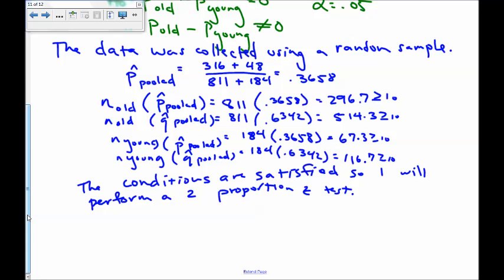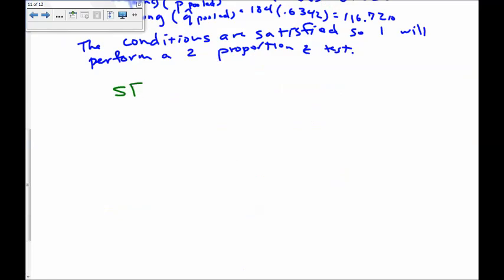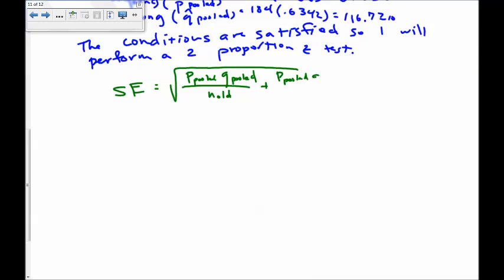I will first start off with finding the standard error. The standard error equation is the square root of p pooled times q pooled over n old plus p pooled times q pooled over n young.